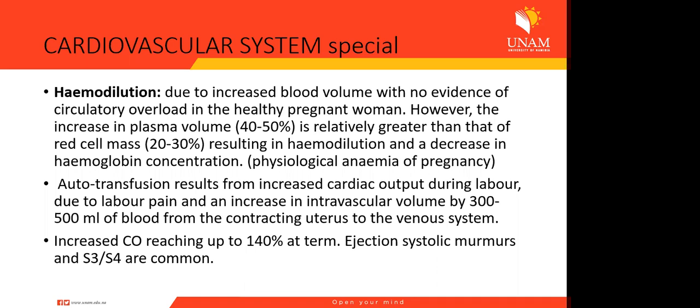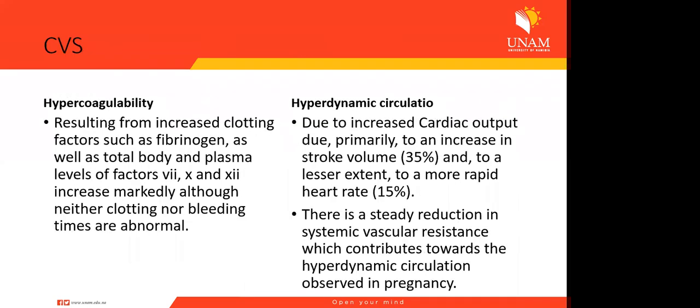There's an increase in cardiac output up to 140% of baseline at term, and ejection systolic murmurs are common. Then we have hypercoagulability, the increase in coagulation factors, fibrinogen, and factors 7 to 10 that I mentioned before.